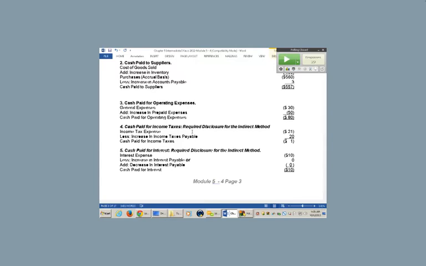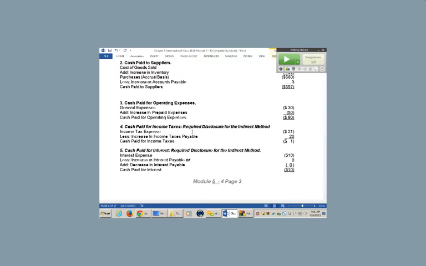Yeah, if you look at the increase in prepaids, how do you record prepaid expenses? When you pay insurance in advance, what's the journal entry? Yeah, you debit the asset prepaid, and you credit the asset cash, exactly. So the cash goes out, but it's not an operating expense. But since we're doing cash accounting now, we have to show that as an expense.